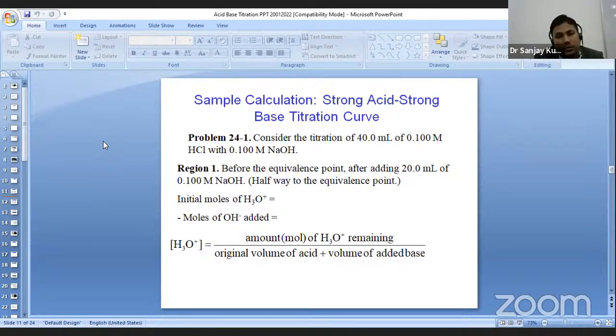Suppose we take an acid in a burette. So the burette contains the titrant, and the NaOH solution is taken in a beaker, that is the titrate. After this titration I have different readings, like the initial reading starting from 0, and we add 20 ml.